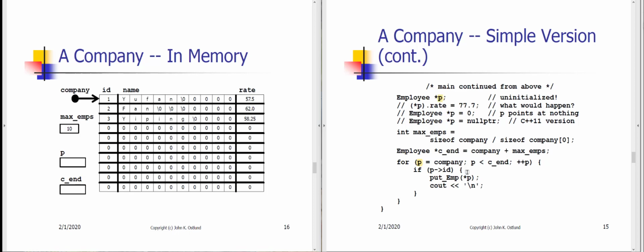P is uninitialized, so at the moment, P is just pointing off into some random location in memory. And if we made an attempt to use P, for example, if we said star P.rate gets some value, well, that would jam the floating point representation of 77.7 into some random location in memory, which might very well cause our program to crash, or we might just accidentally get away with it.